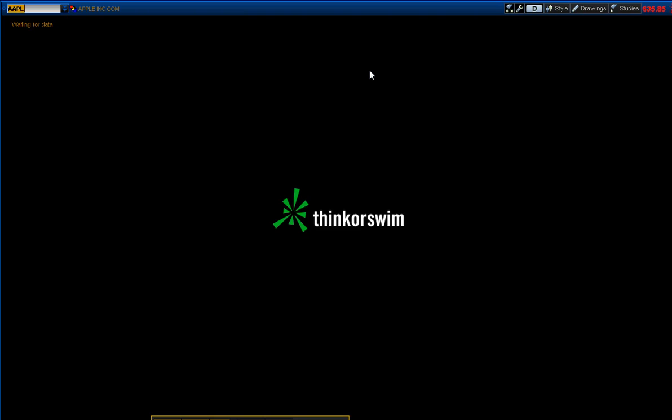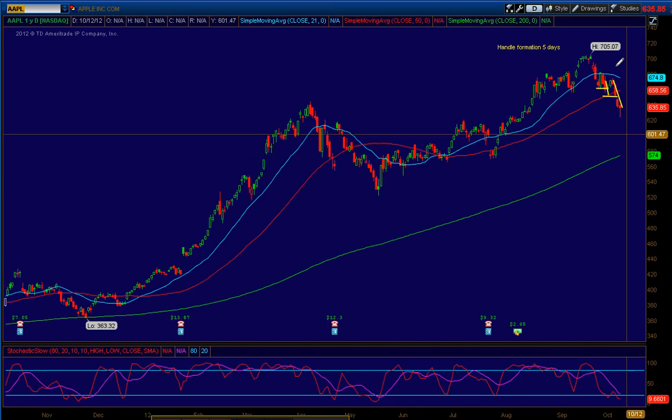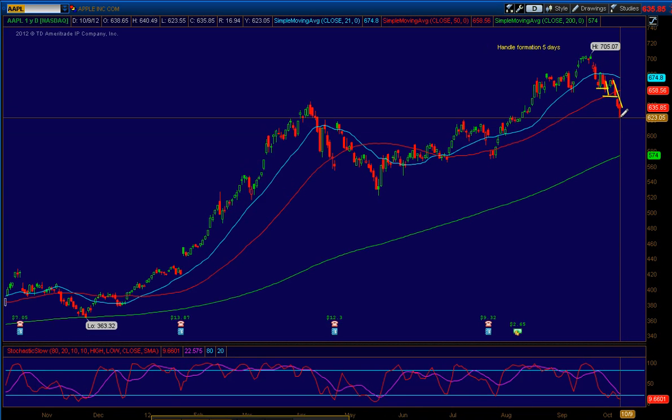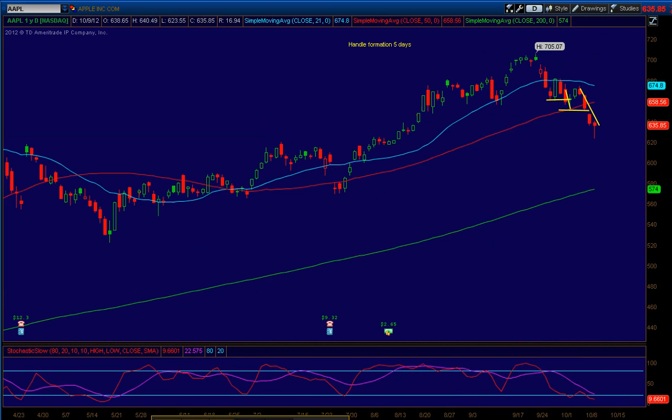Now Apple, which is a great story here, went all the way down to 1621. It was sold off viciously, and the selling was very heavy today, and then it reversed, but it did not make it through this downward trend line that I've drawn for intraday purposes. Let's take a look at the 15-minute and I'll show you what it means.